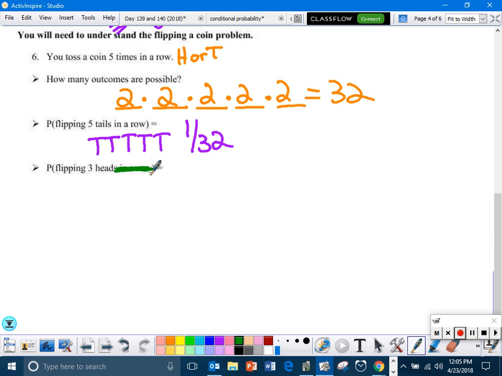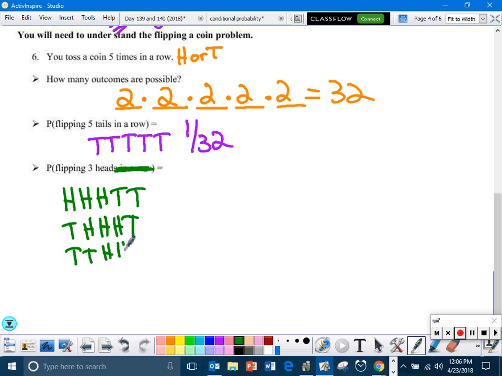So I could do this. Heads, heads, heads. So only 3 heads. Tails, tails. Or it might go tails, heads, heads, heads, tails. It could go tails, tails, heads, heads, heads. So you'll know what I did there, I moved them over each time. Now here's another possibility.